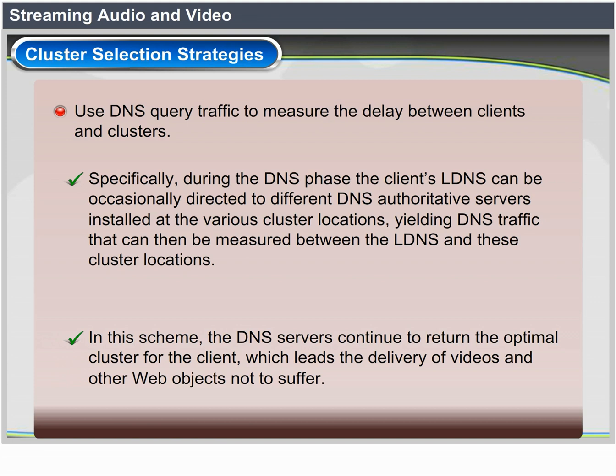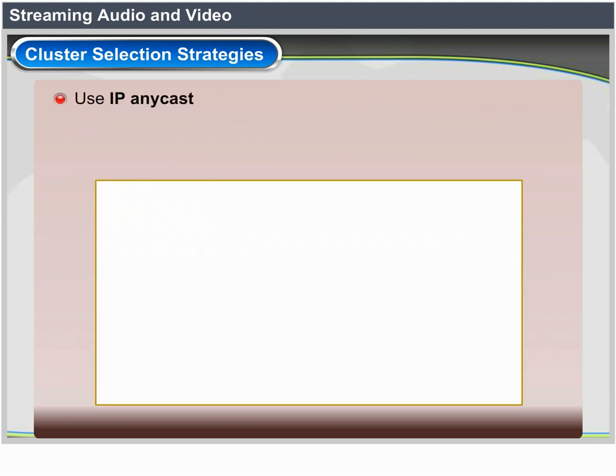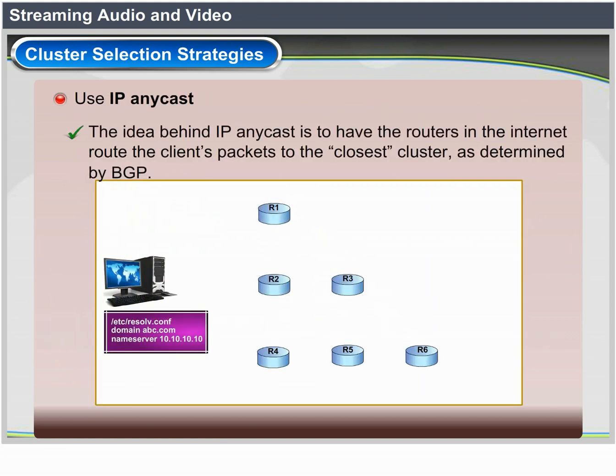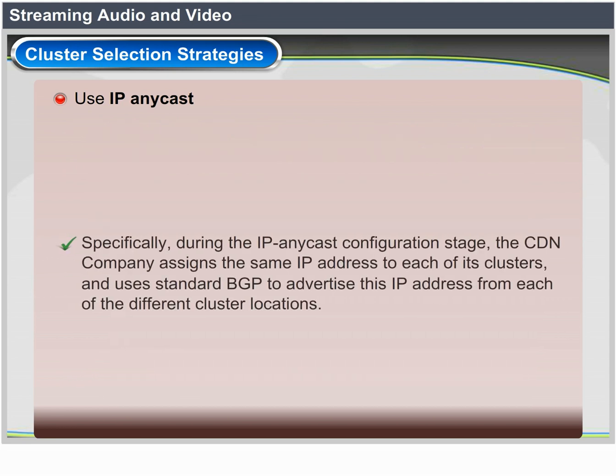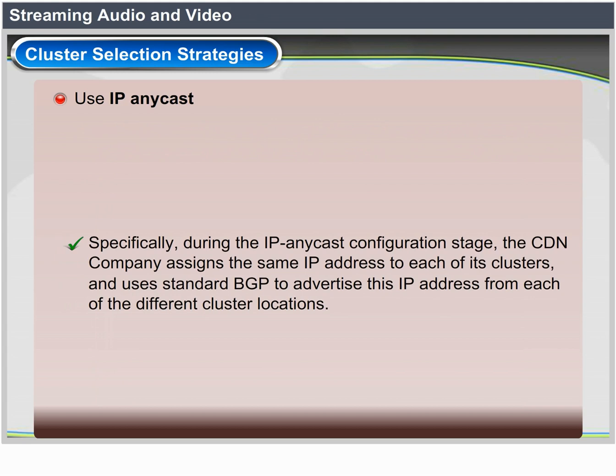Use IP Anycast. The idea behind IP Anycast is to have the routers in the Internet route the client's packets to the closest cluster as determined by BGP. Specifically, during the IP Anycast configuration stage, the CDN company assigns the same IP address to each of its clusters and uses standard BGP to advertise this IP address from each of the different cluster locations.